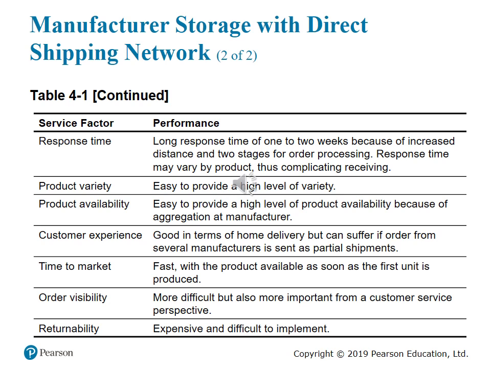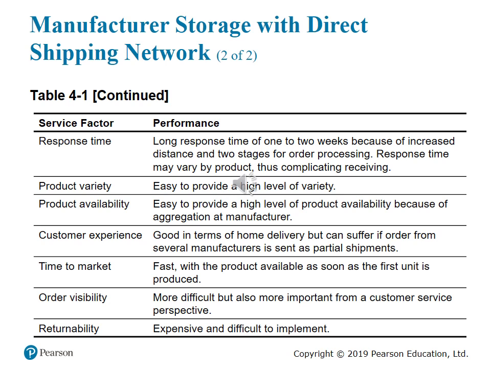Product variety: easy to provide a high level of variety. We have different products because we ship from the same company, and so the company can offer different products. And also the retailer can offer customers different products. Product availability: easy to provide a high level of product availability because of aggregation at the manufacturer. Customer experience: good in terms of home delivery, because customers are satisfied when you deliver to their home directly.